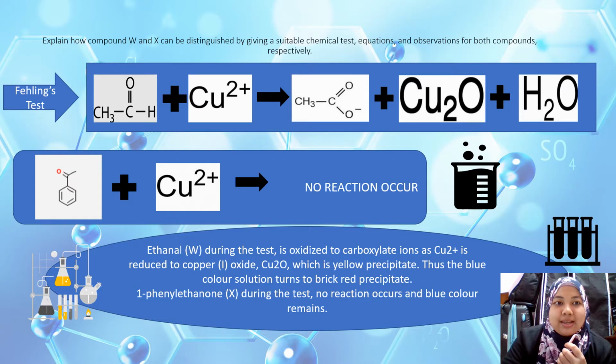Next slide. Explain how compounds W and X can be distinguished by giving a suitable chemical test, equations, and observation for both compounds respectively. To distinguish between these compounds, we choose to use the Fehling test.